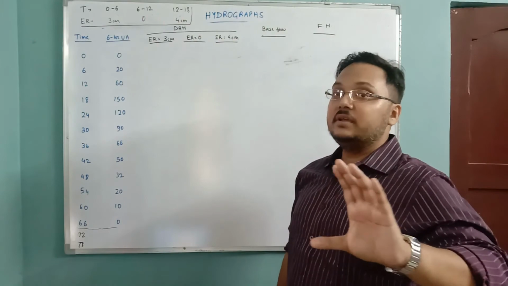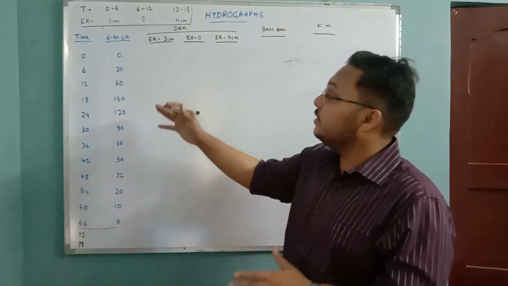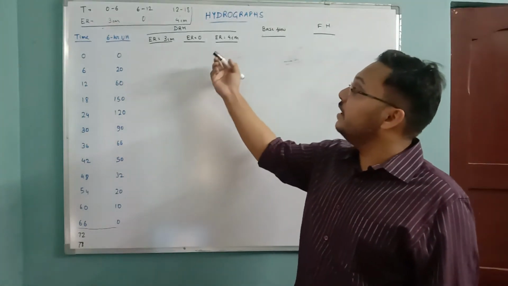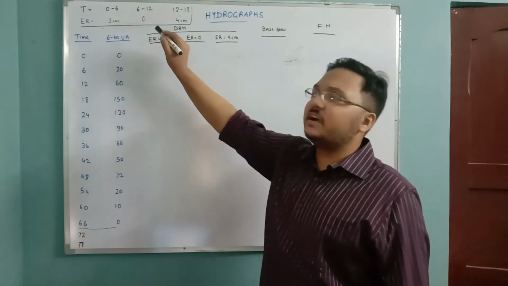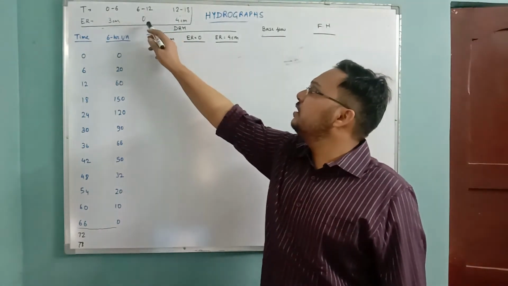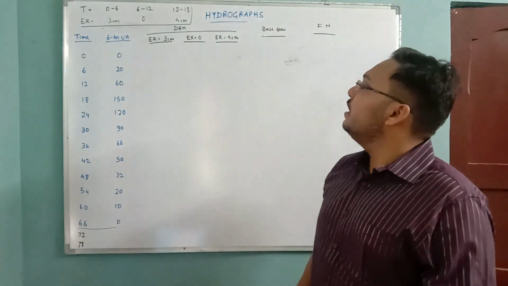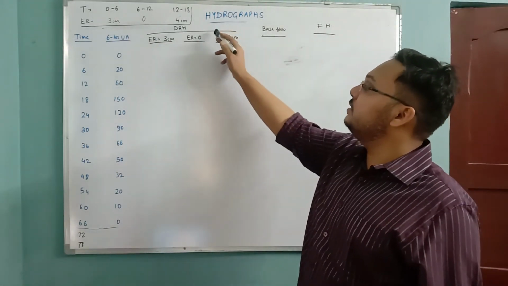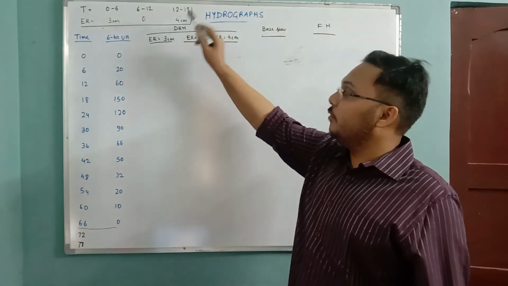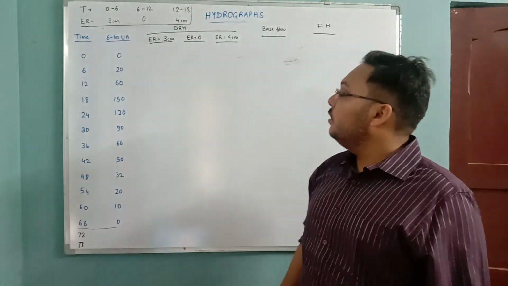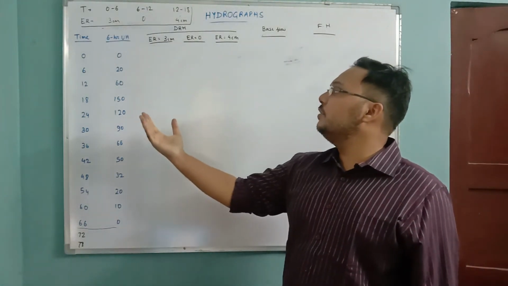Again in the next span, from the 6th to 12th hour, there was no such contribution from the rainfall, because the whole of it went as a loss to infiltration. And again from the 12th to 18th hour, we had this excess rainfall of 4 centimeter depth.